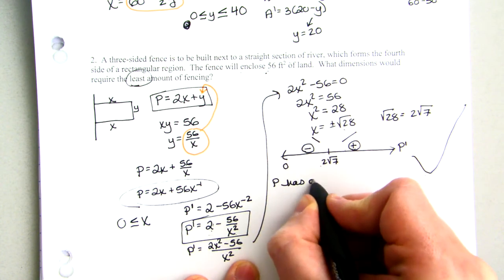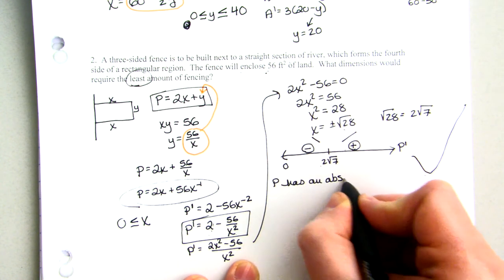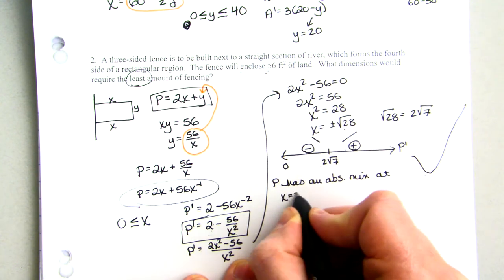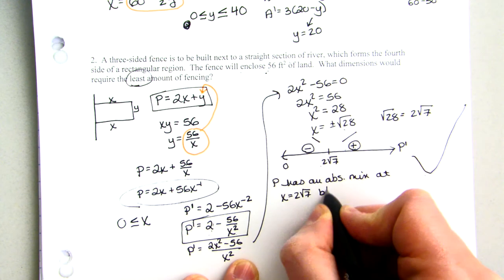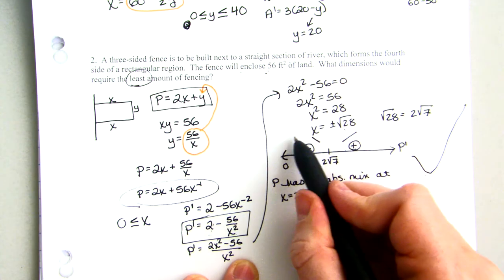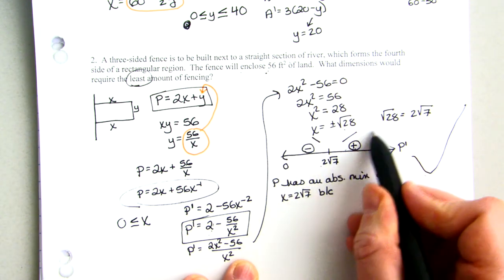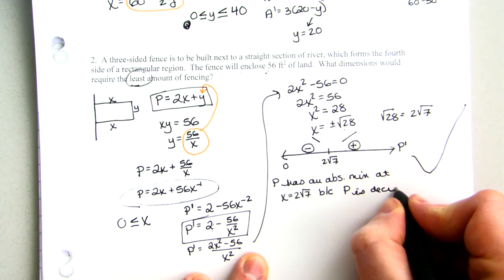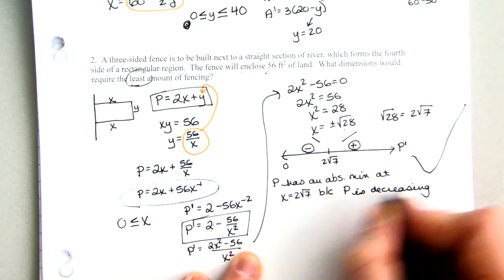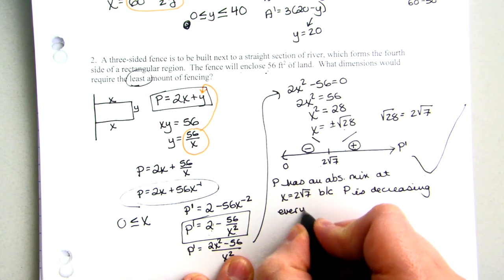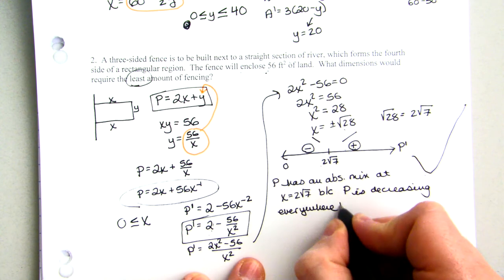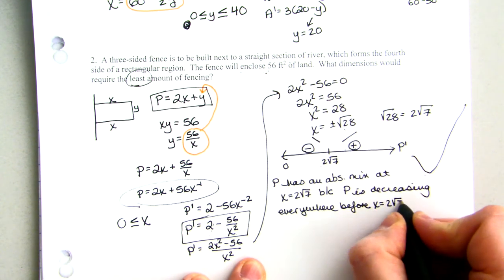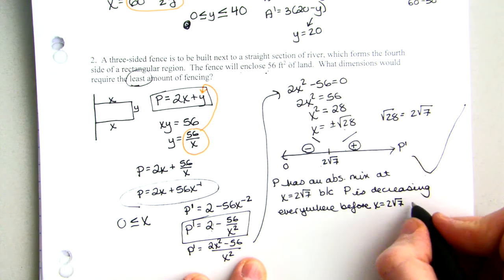P has an absolute minimum at x equals 2 root 7 because I am decreasing everywhere before there and increasing everywhere after there. Because P is decreasing everywhere before x equals 2 root 7. How do I know that?